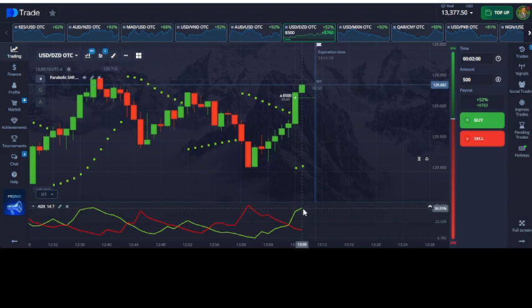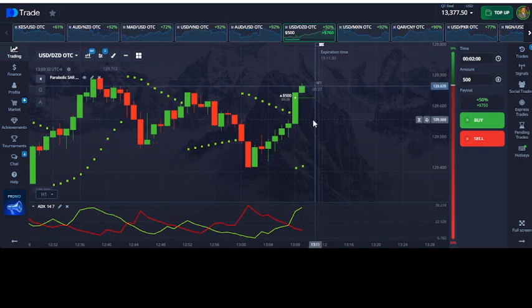So this tells me the bulls have taken over the bears and that we're going to see a continued push to the upside in the price of the currency pair. So let's monitor this trade and wait for the expiration.